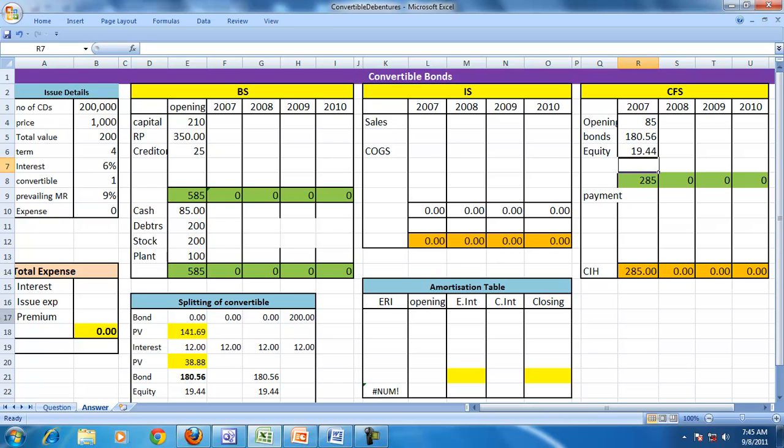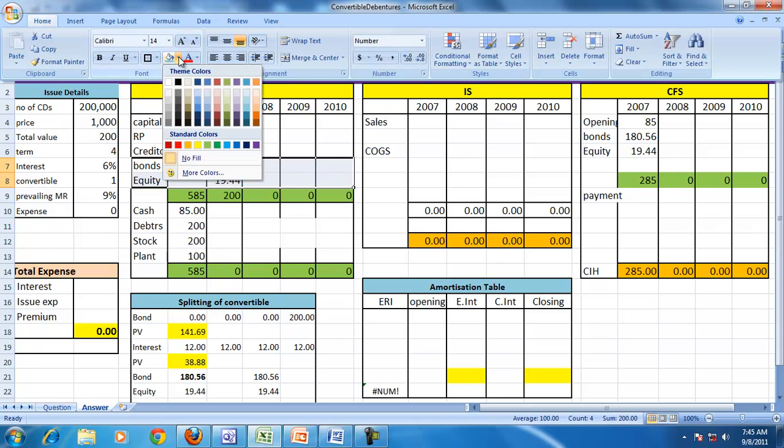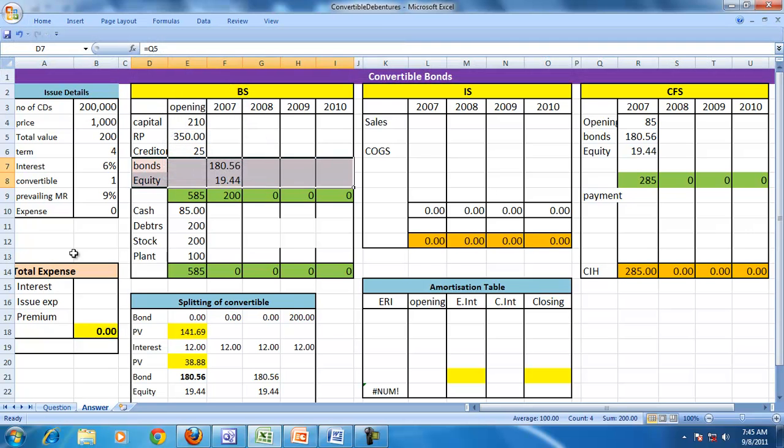So in the balance sheet of the company, we show the bonds and we show the equity acquired during the year at 180.56 and 19.44 respectively. So instead of recording one item, the convertible debenture, we are splitting the convertible instrument into bond and equity.